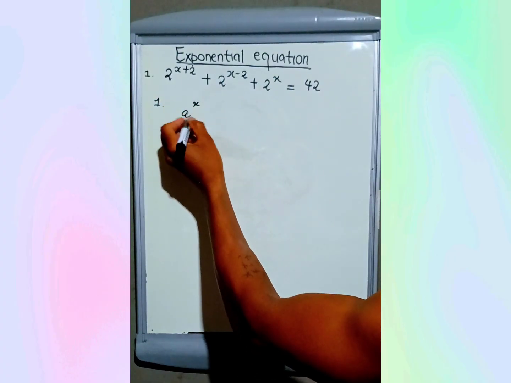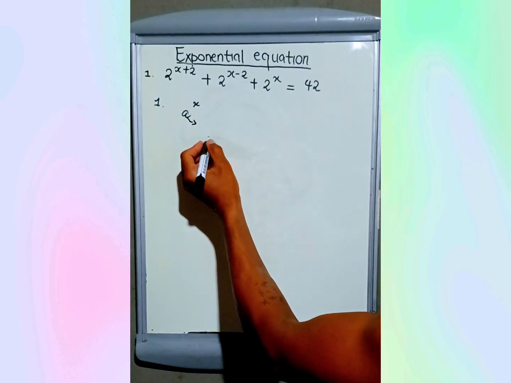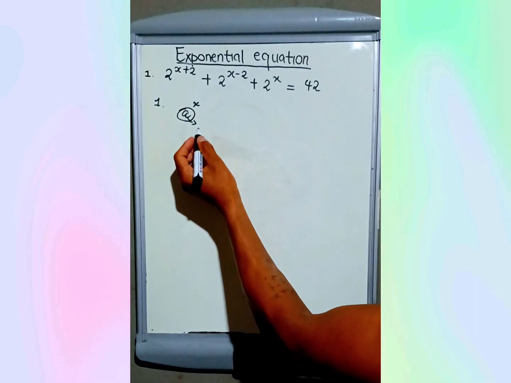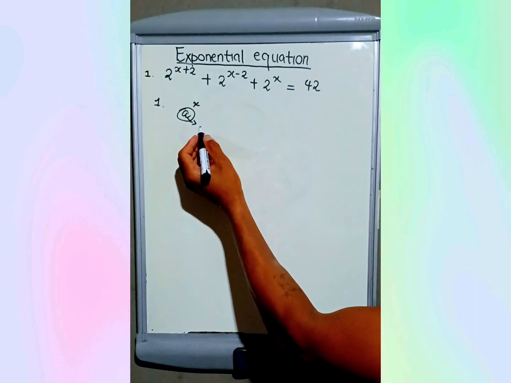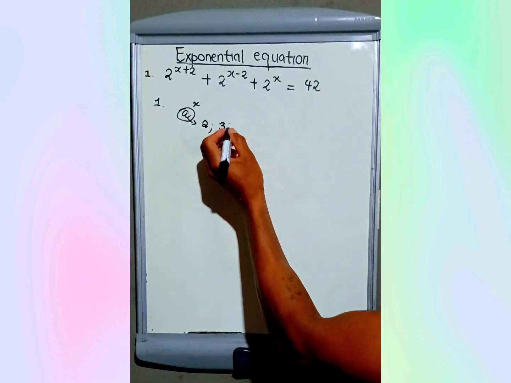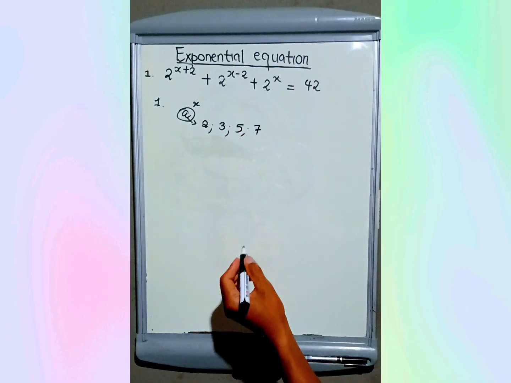As you know, when you have a raised to x, a stands for the base. The number represented by a must always be 2, 3, 5, or 7.